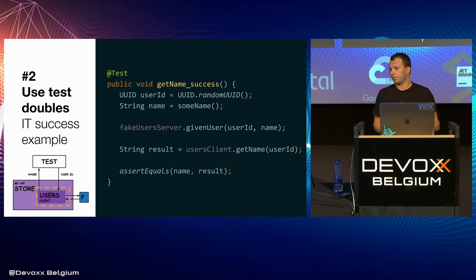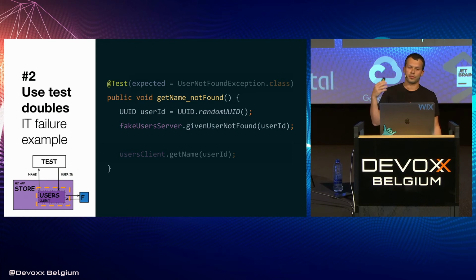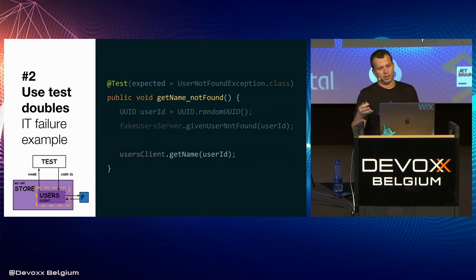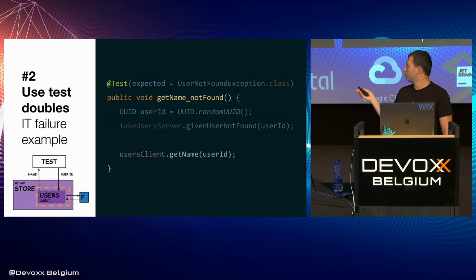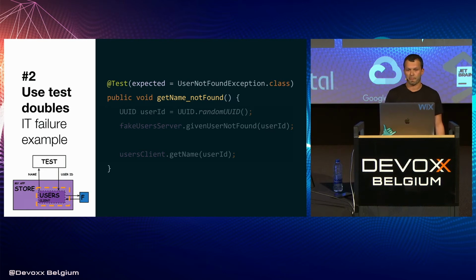Now, we also have an opportunity to test some edge cases, for example, user not found. So in this case, we will set up the fake in a way that it will return user not found. Then we ask for the name, and we expect to get a user not found exception thrown from our client.